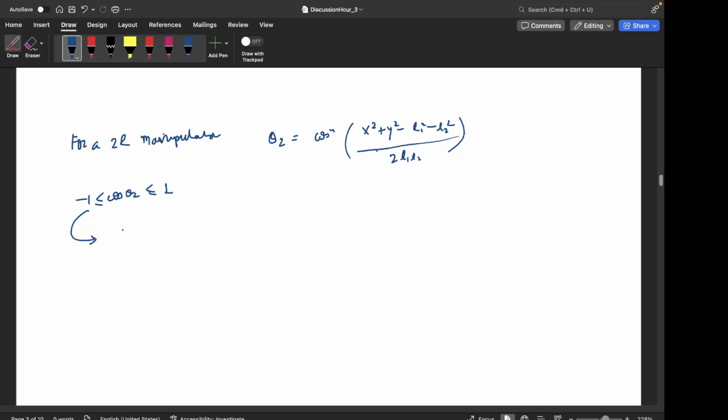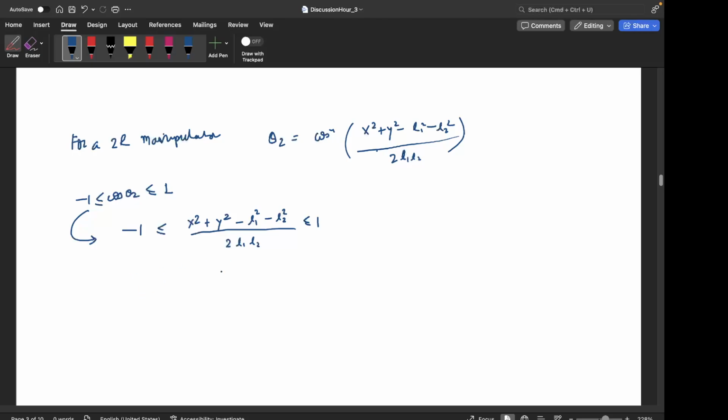So what we can write is -1 to 1, and we have this expression for cos theta 2, that is x square plus y square minus L1 square minus L2 square over 2 L1 L2.